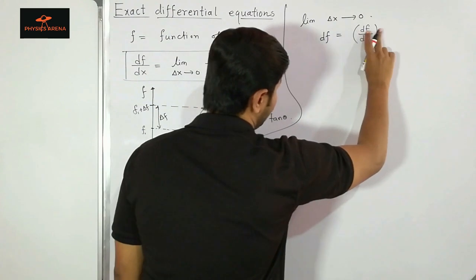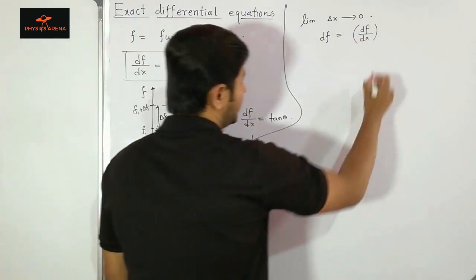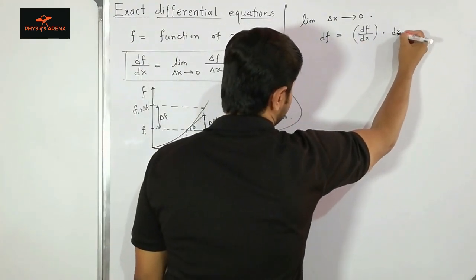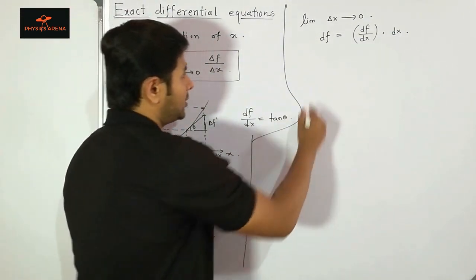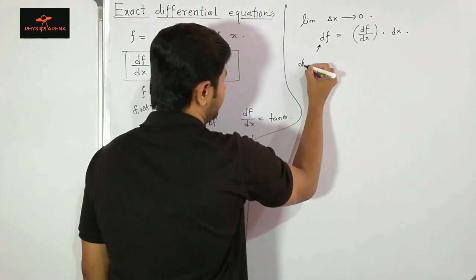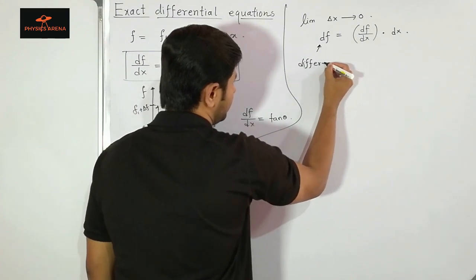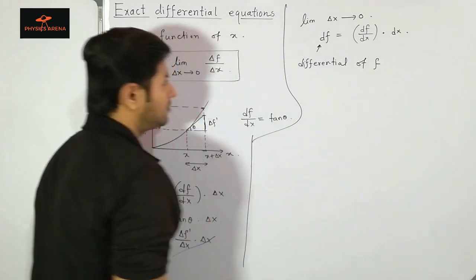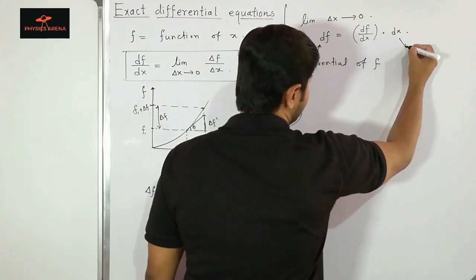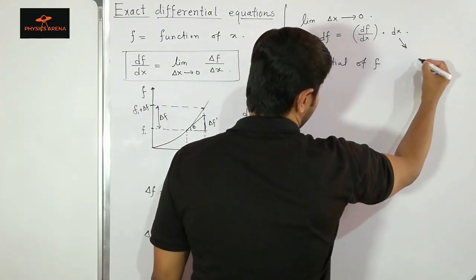Here we are taking the derivative and then multiplying it by dx. So this is the differential of f, and this one is the differential of x.